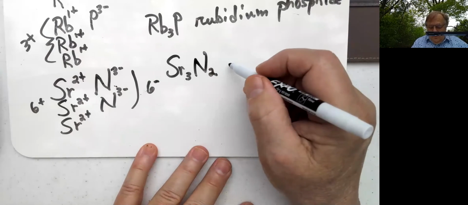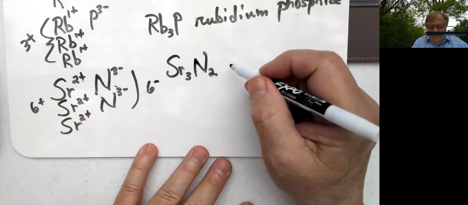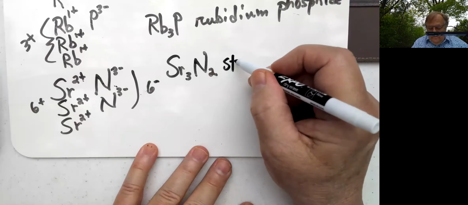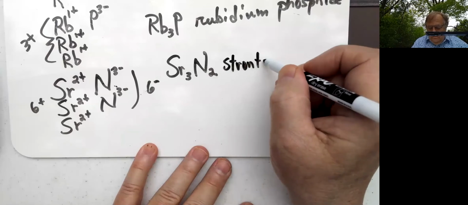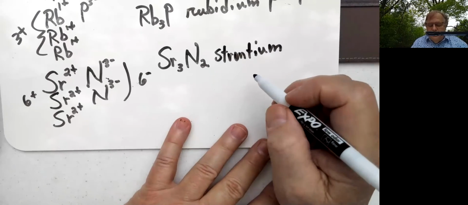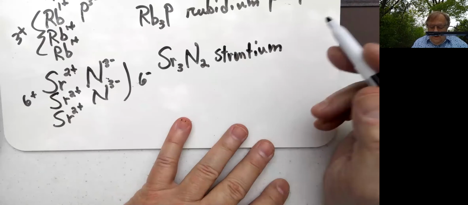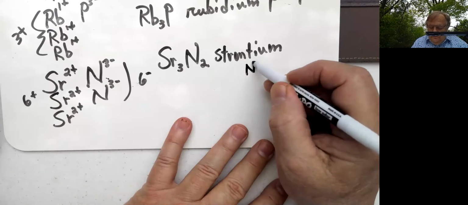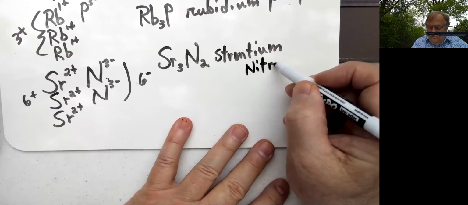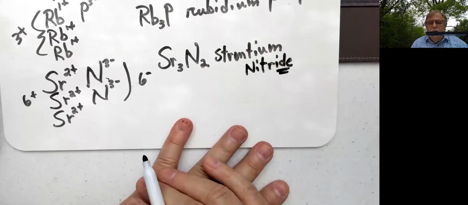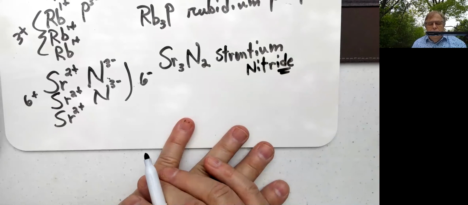We name it the same way, doesn't matter how many atoms are there. Strontium nitride. There's the -ide, which tells you there's only 2 elements there.